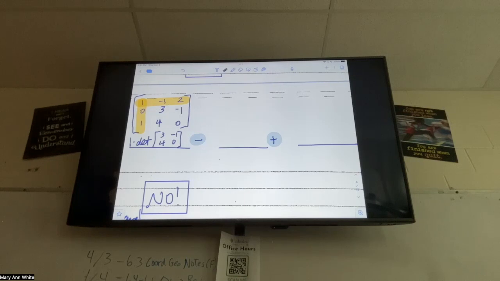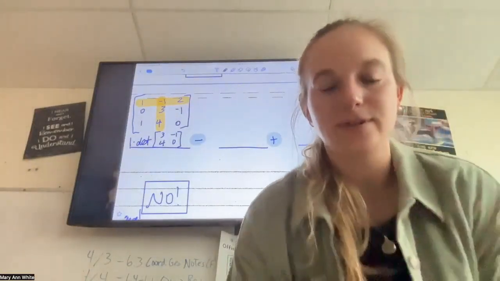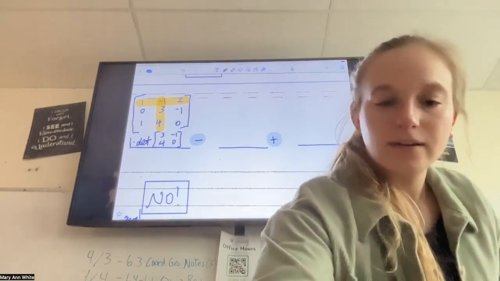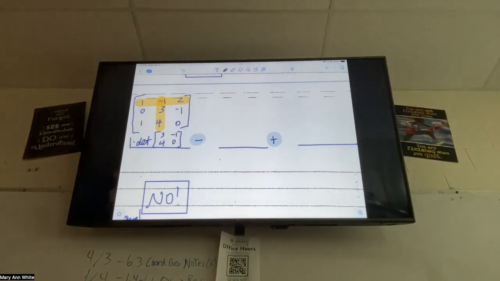Okay. Now, so we did first row, first column. We're going to move my column over, and now we're going to do first row, second column. Okay, so now I'm going to look at that middle column. And so I'm going to do -1 is going to be the number I multiply by the determinant of.